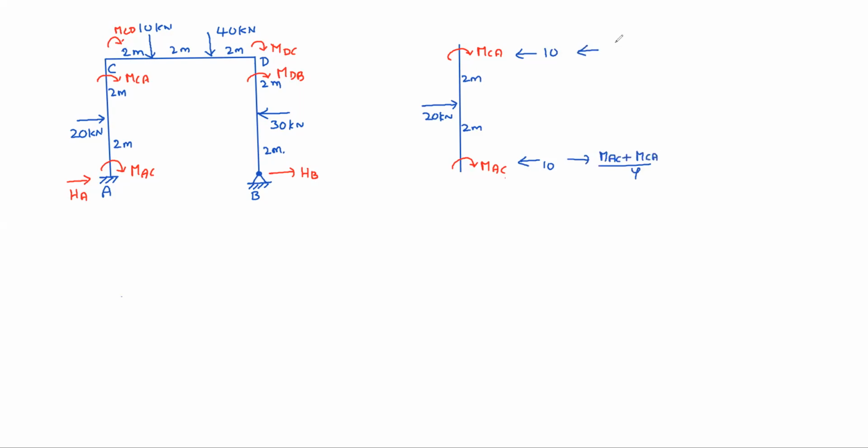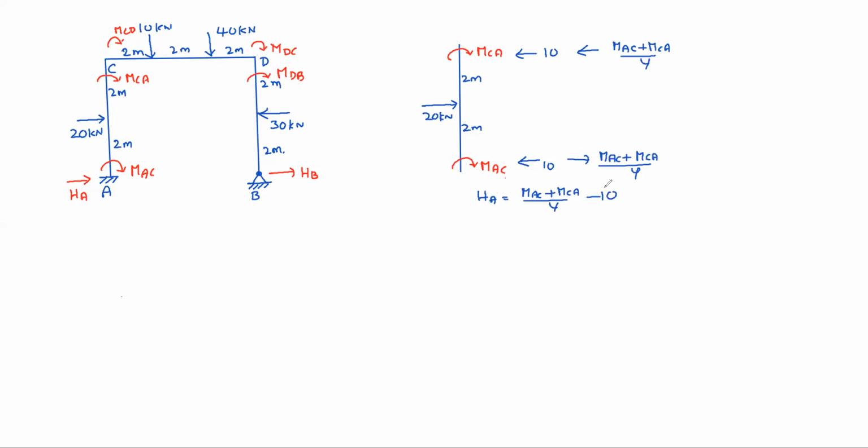Here also the same, MAC plus MCA by 4. Then HA equals MAC plus MCA by 4 minus 10. That is HA. Like that, we need to find reactions. Similarly, HB also.